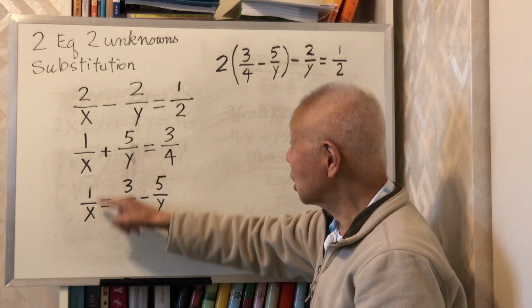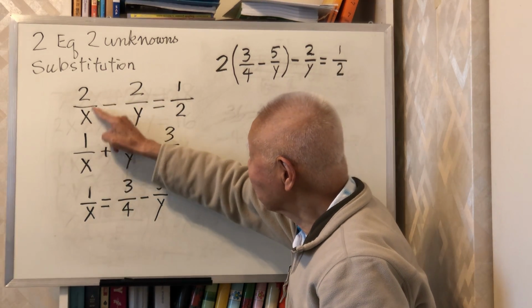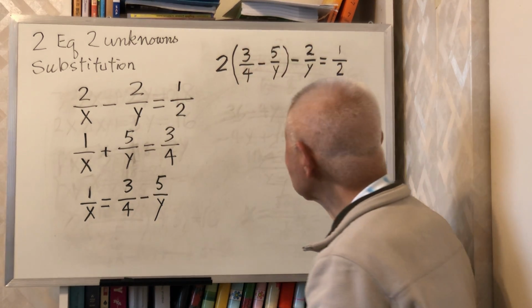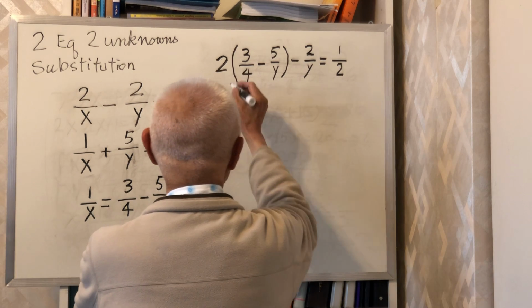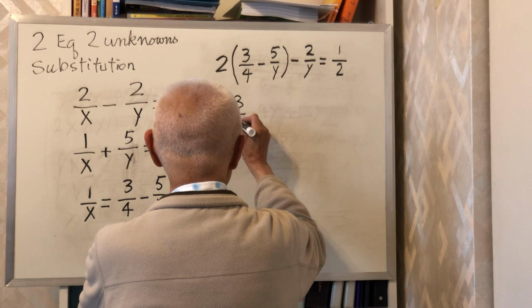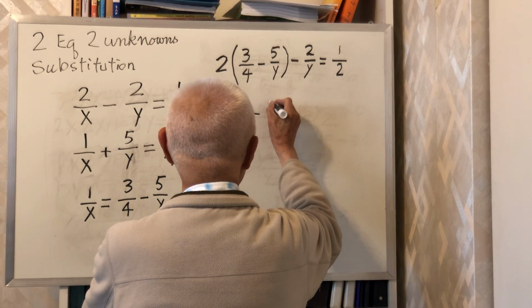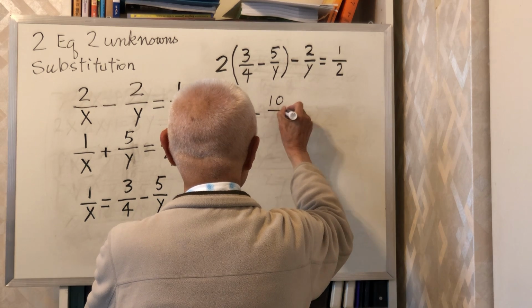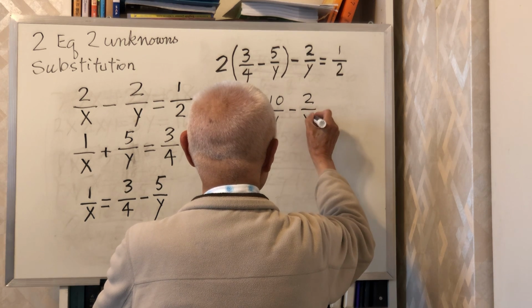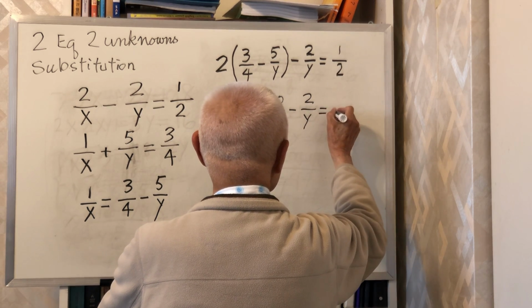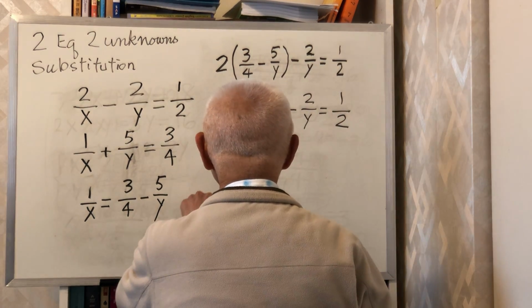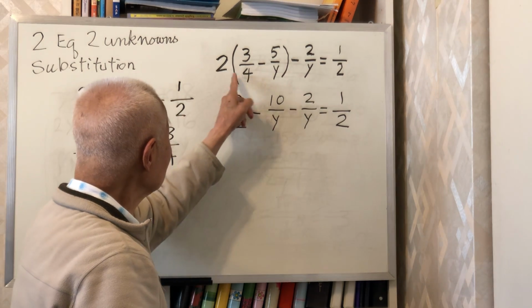Substitute 1 over x into the equation. Let's do that. Multiply 2 into the brackets.